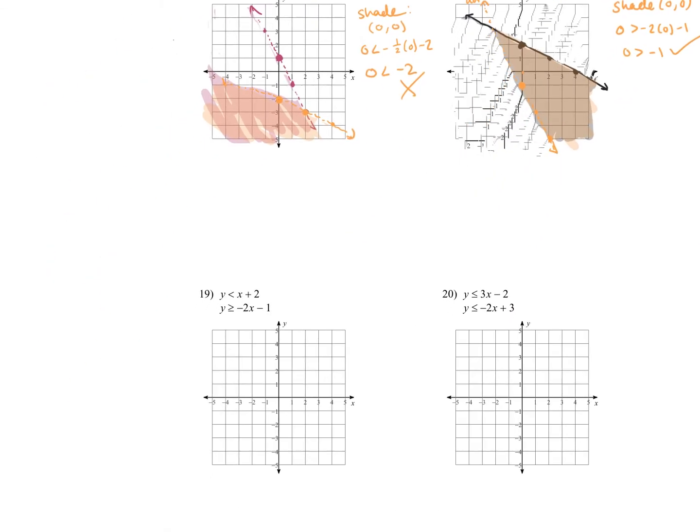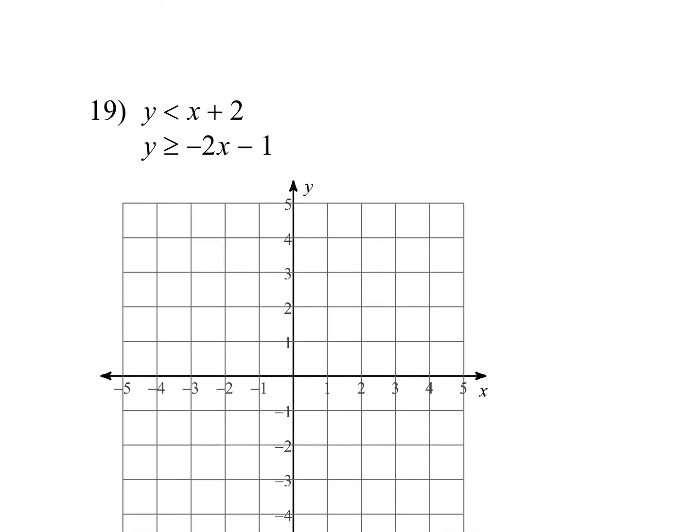Let's look at 19. So 19, first equation, what's my slope? 1/1. And what's my y-intercept? 2. So I'm going to put a point at 2 and do the slope of 1/1.